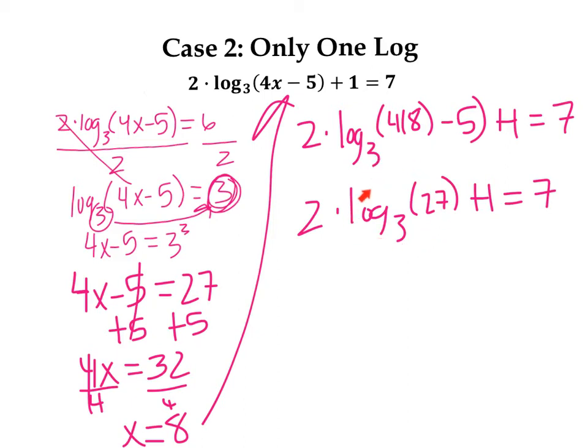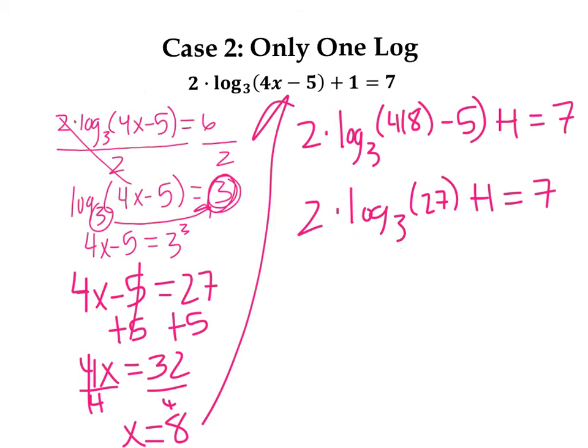Log base 3 of 27 equals 3. I've learned some tricks to figure out what exponent on the base gives me the value 27. So 3 to the 3rd power is 27, and that's how I can simplify a log a lot faster.